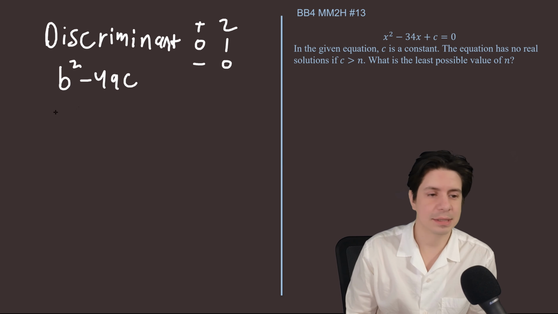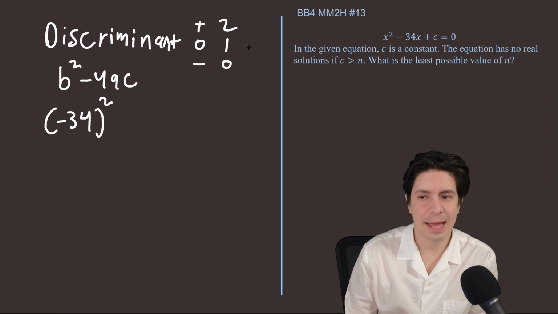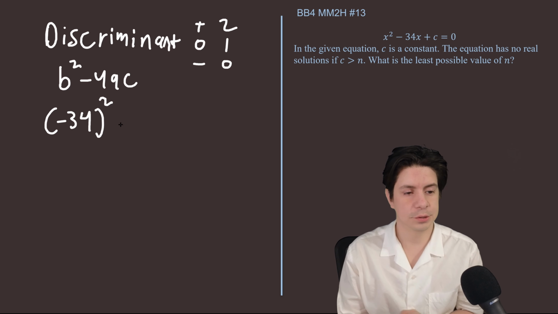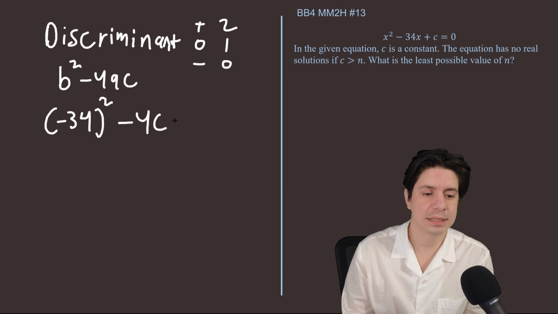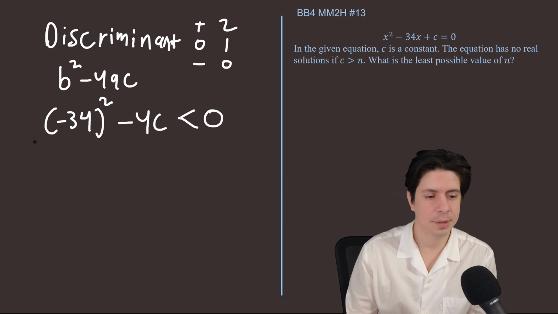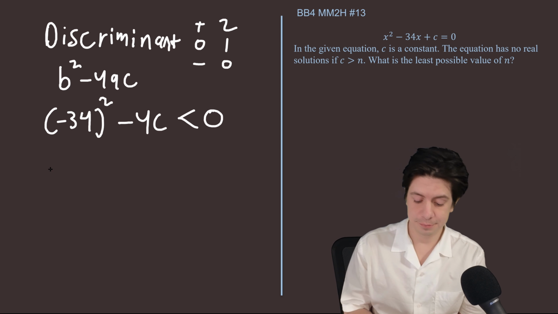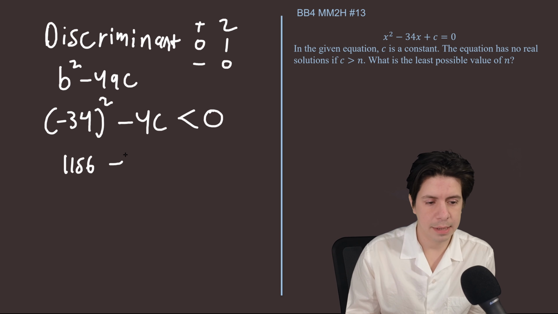So here the b is negative 34 squared. The a is just 1, so we can get rid of that. So it's going to be minus 4c. Has no real solution, so it has to be less than 0. So now 34 squared is going to be, the negatives will cancel, 1156 minus 4c is less than 0.